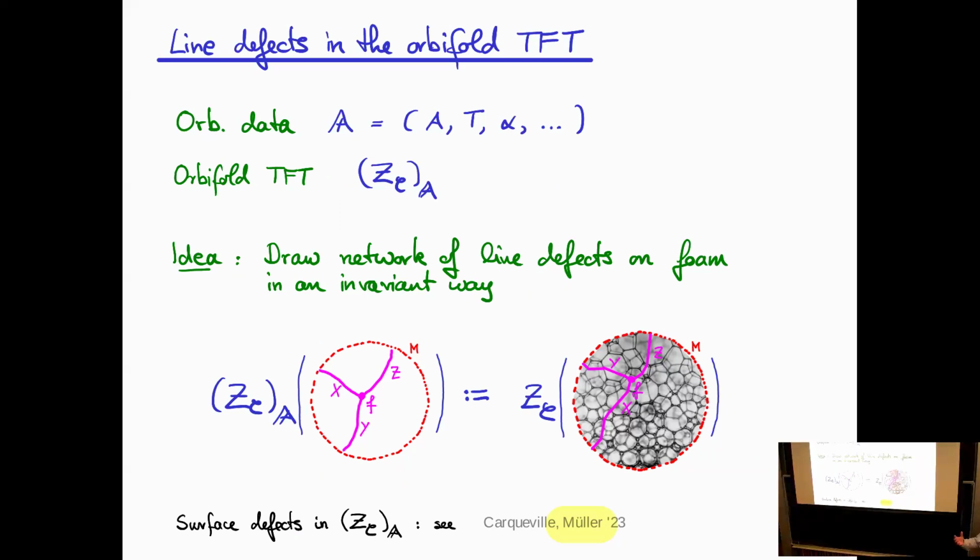And from this picture, what the orbifold does for you is it just fills the volume with some foam and evaluates in the old theory in such a way that it's independent of the foam. Well, if you want to define line defects in the orbifolded theory, then you should look at line defects which somehow live on the foam in the old theory. So that's the idea. We want to somehow describe what it means to draw line defects on the foam in a way that is invariant.